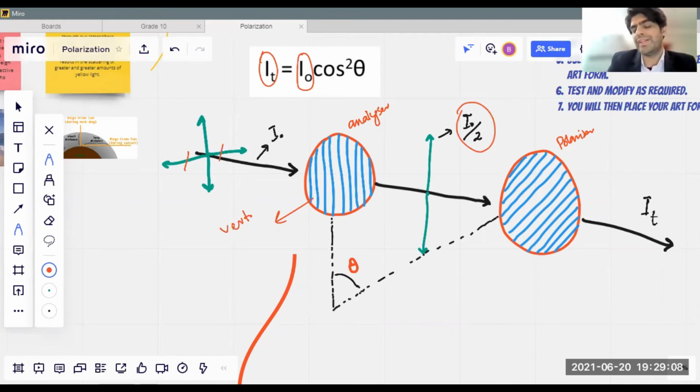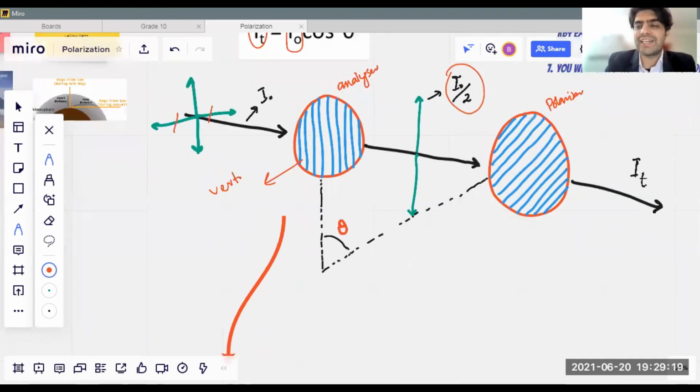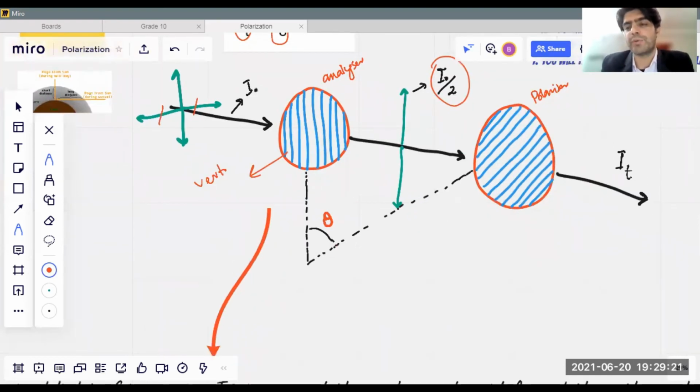Then when the other polarizer is placed at an angle of theta with this transmitted polarized wave, the intensity is directly proportional to the square of the cosine of theta. As we all know, intensity is directly proportional to the amplitude of the polarized light, which is A naught.